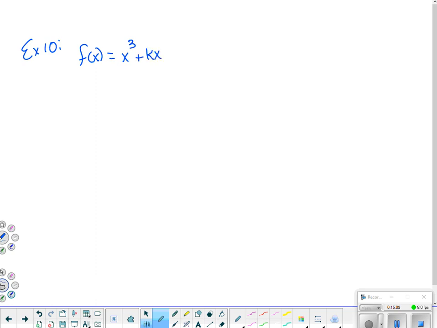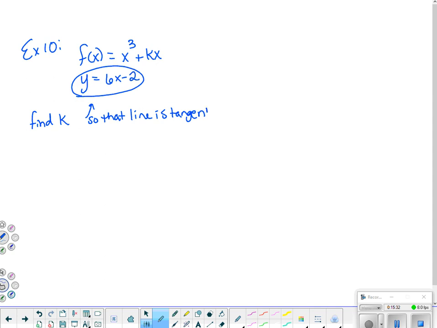They give us a function, and notice that extra k, and then they give us another line, 6x minus 2, and it says find the value of k so that that line is tangent to our function, and our function is the cubic function.